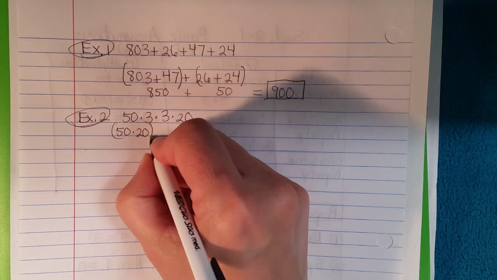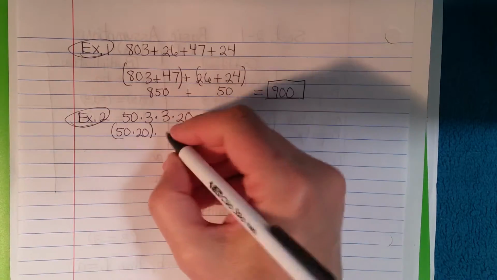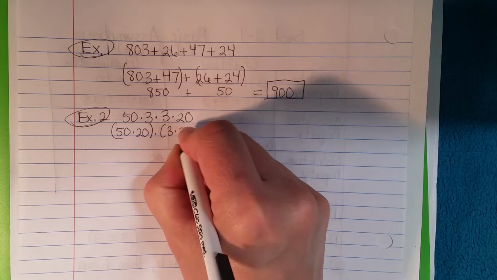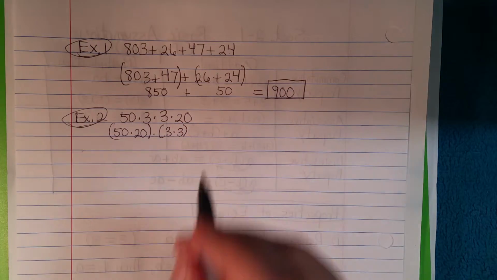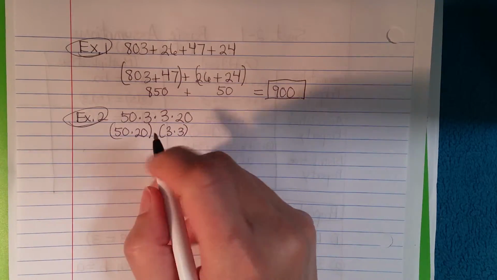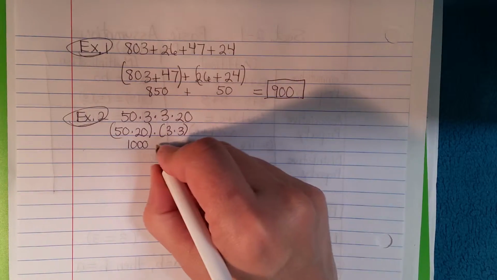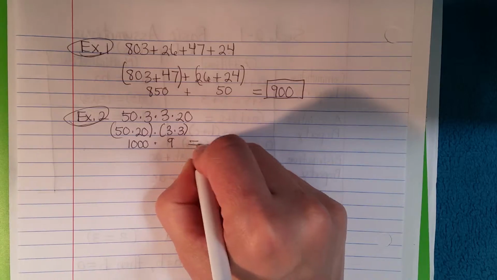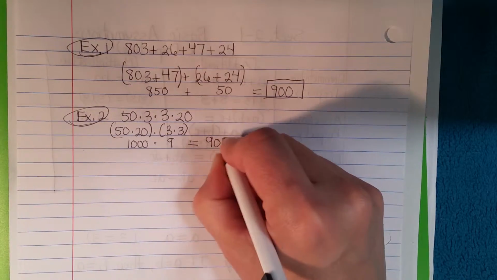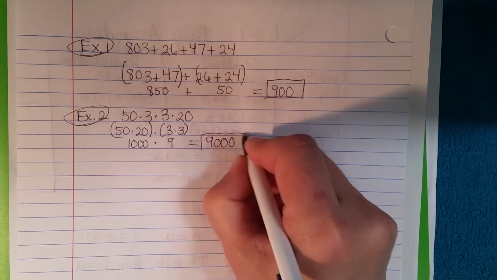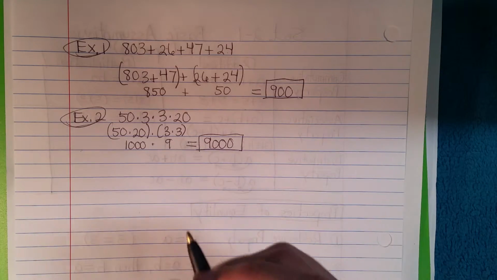So if I want to group those, and then the 3 and the 3 I can group separately, then I can do 50 times 20 is 1,000, and 3 times 3 is 9, so that's 9,000. That's an easier way to do it using properties.